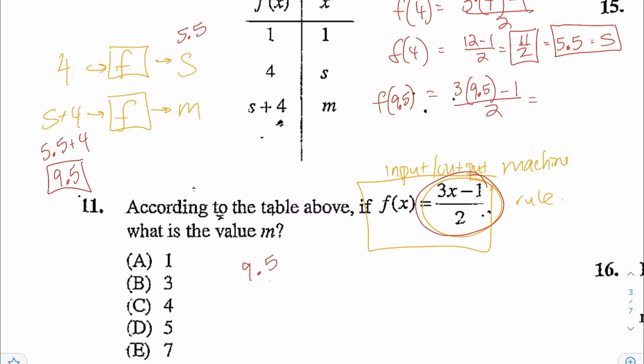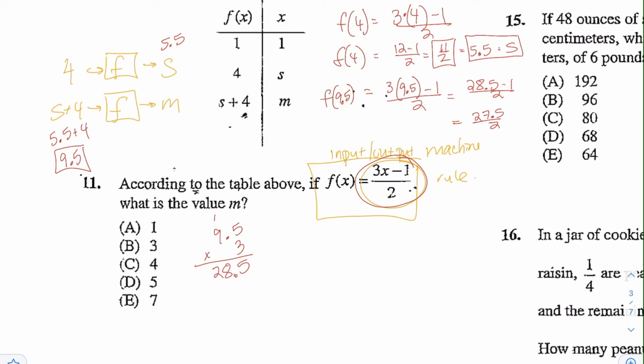So 9.5 times 3 is 28.5. So I have 28.5 minus 1 divided by 2, or 27.5 divided by 2.